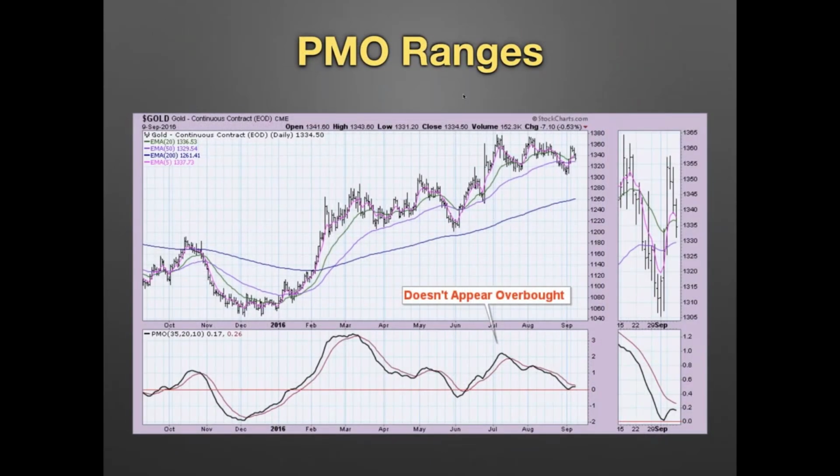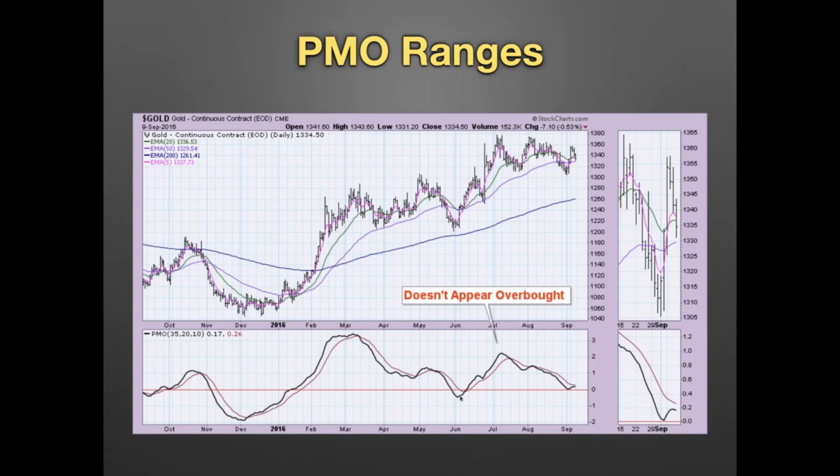The PMO ranges are kind of important because we've been talking about overbought and oversold. So when we look at this chart, this is clearly overbought. I don't think we have any question about that. It's at a very high reading, above 3. It's overbought. Back here, we kind of got oversold, but not really when you look back here.